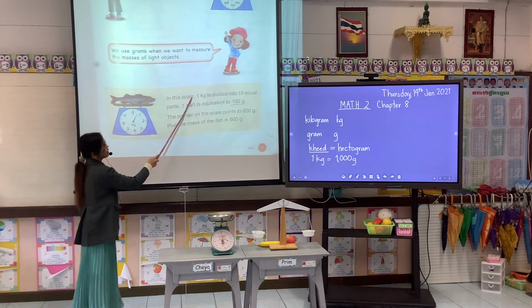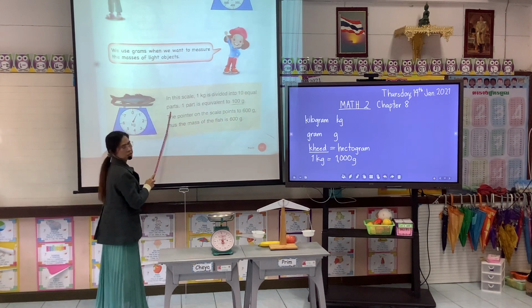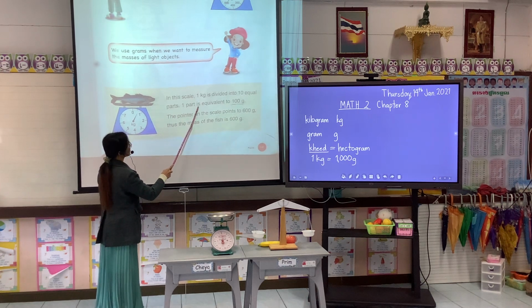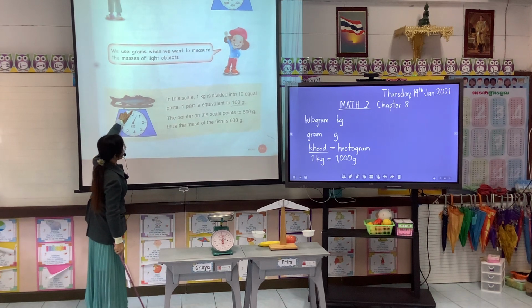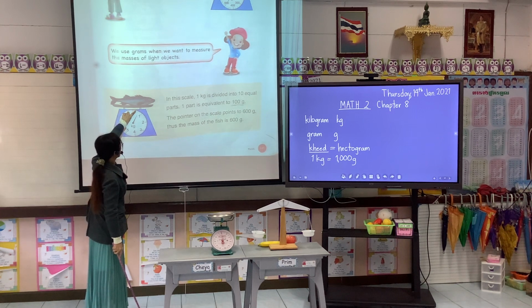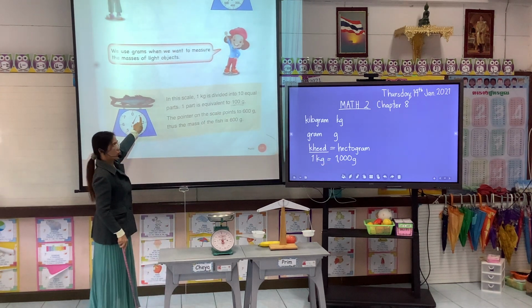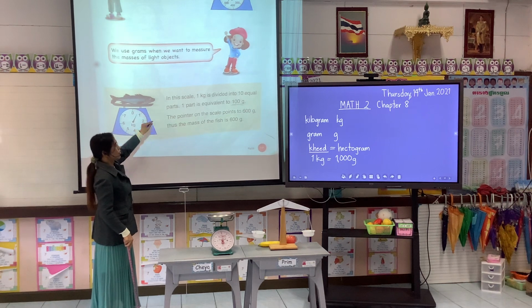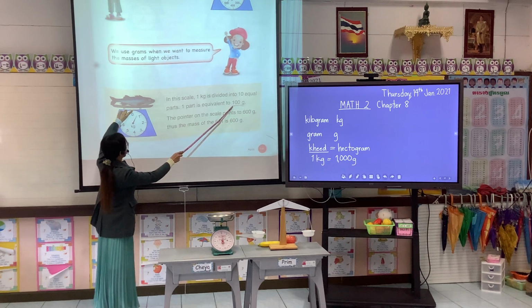In this scale, 1 kilogram is divided into 10 equal parts. 1 part is equivalent to 100 grams, so this small line here is 100 grams. 100, 200, 300, 400, 500, 600, 700, 800, 900, and 1,000. 1 kilogram is equal to 1,000 grams. Every small unit is equivalent to 100 grams.